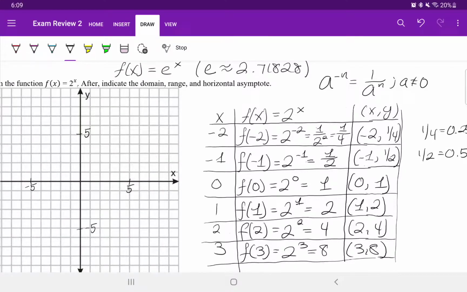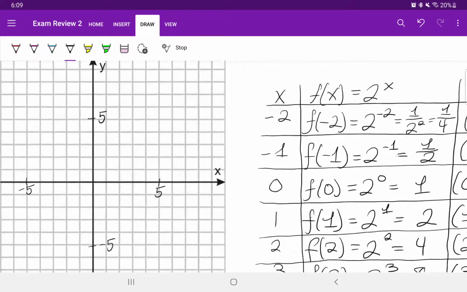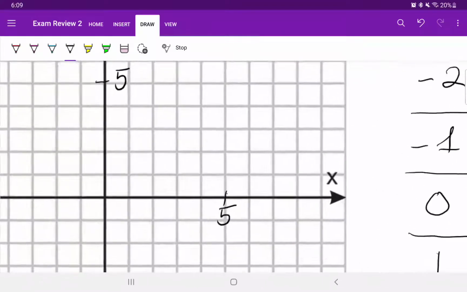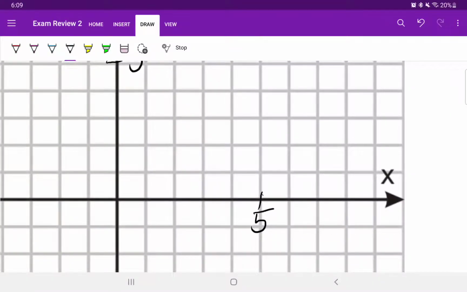And of course, there are more coordinates, but I'm just choosing to use those to make life easier. And now we're going to sketch this graph. The first coordinate is -2 and 1/4. Let me put that in blue, actually. No, I'll put that in black. -2 and 1/4 is going to be right here, approximately.